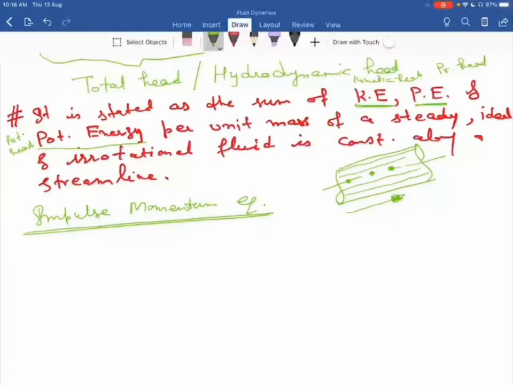Now I start with the next topic, that is the impulse momentum relation. This relation is based on the momentum principle.